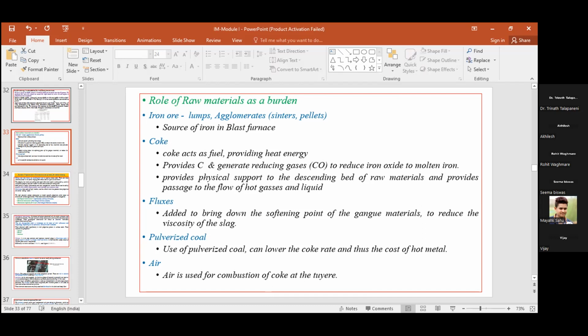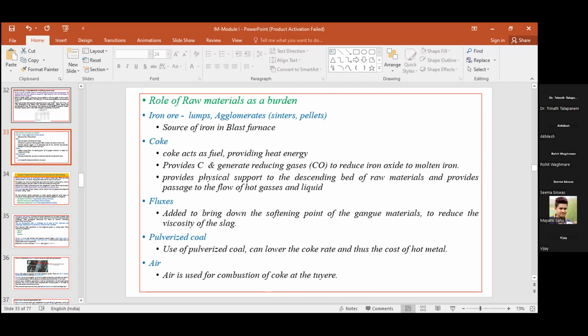The fluxes added in the blast furnace, like limestone and dolomite, function to lower the softening point of the gangue content associated with the iron bearing material, and they also take care of the slag formed inside the blast furnace. The viscosity of the slag is very important for the blast furnace running condition. Highly viscous slag can hamper the permeability of the solid bed.